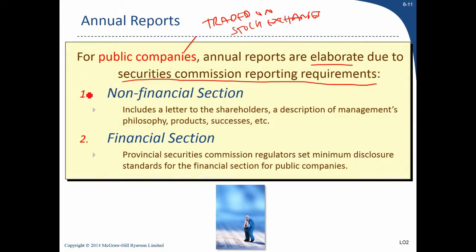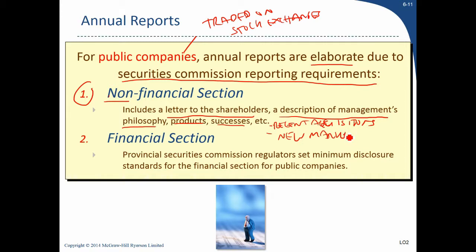They need to have a non-financial section with a letter to the shareholders, a description of management's philosophy, products, successes, any recent acquisitions, new markets. And so this can often be 100 pages or more, okay?